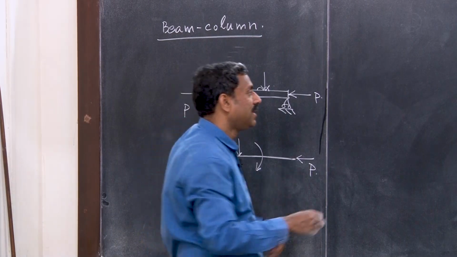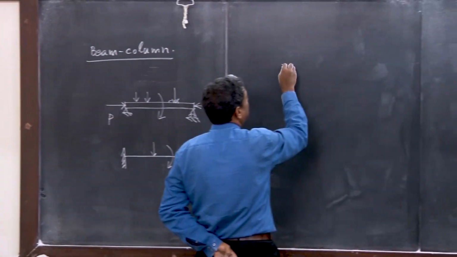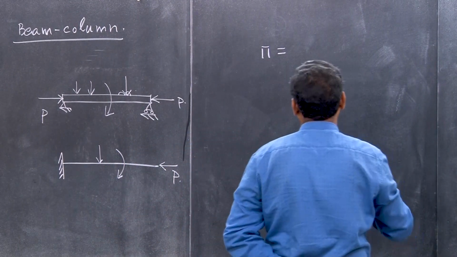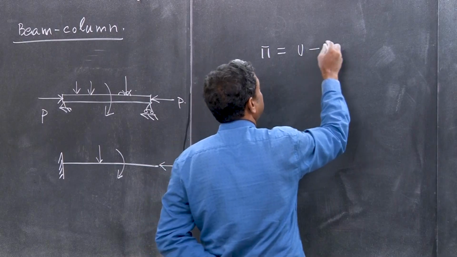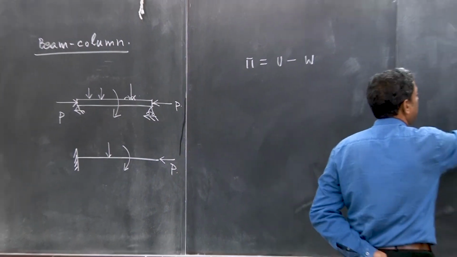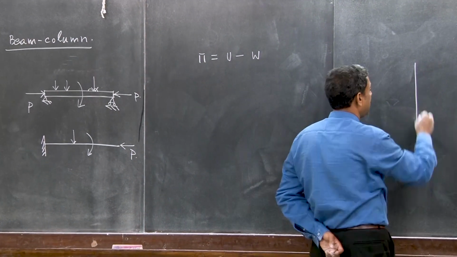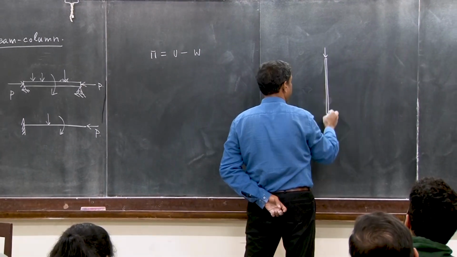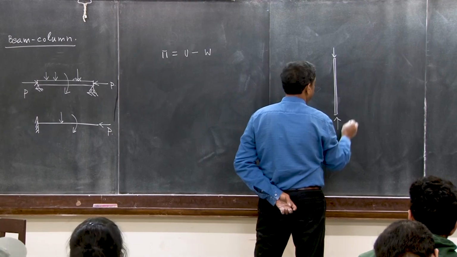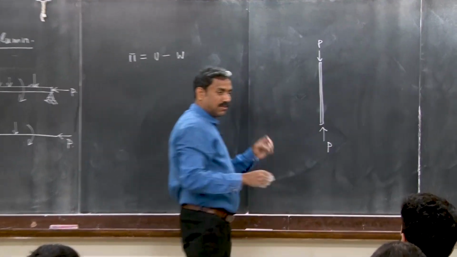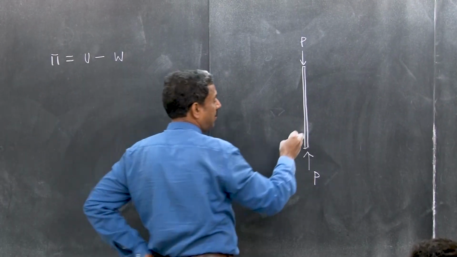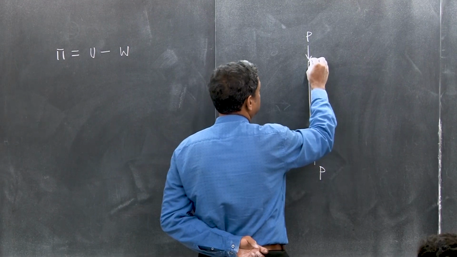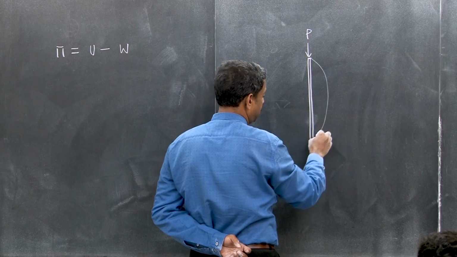Now, the potential energy functional phi: once again I am going to consider a beam column. The potential energy is strain energy minus work done. I am not considering the loading on the beam, because the destabilizing force is only P. And of course, the first lesson on any stability analysis is that we have to consider equilibrium in the deformed, perturbed configuration.